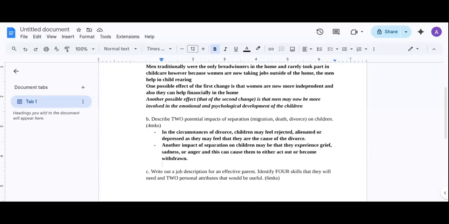So I'm seeing someone saying emotional stress, yes, poor academic performance. I'll just explain that as well. When you are offering an answer, you're answering the question, like how they say here, to describe, you don't just put "poor academic performance".